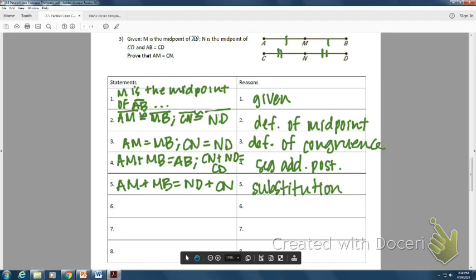Where could I go now? AB equals CD. But that's in the given. So where are we putting that?